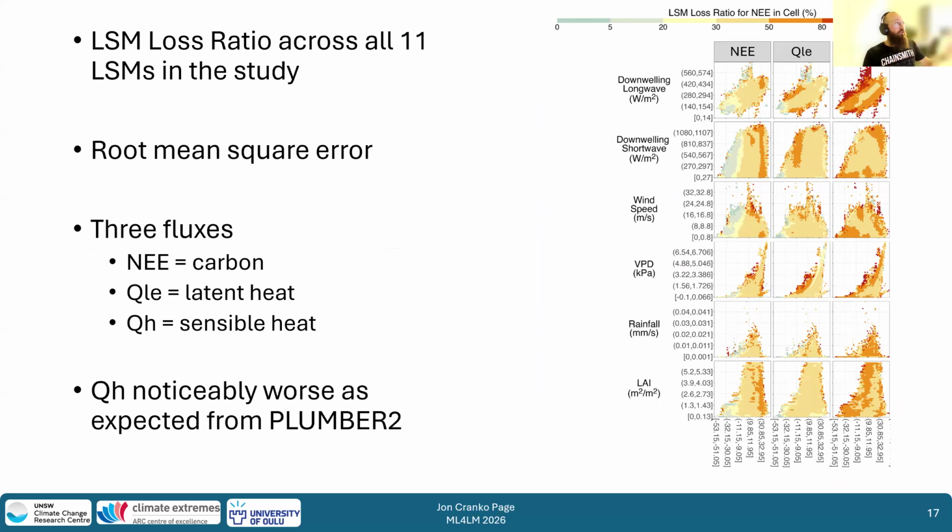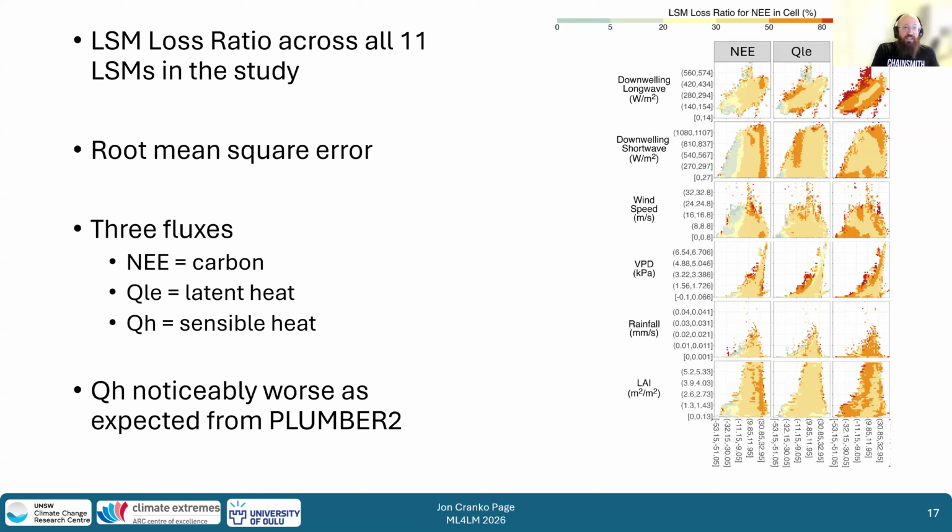So we looked at this and we had 11 LSMs in our study. So PLUMBER2 had 20 land models, but we limited this down to the ones that can really be considered land surface models. And then we can look at how these models perform collectively by taking the root mean square error of the loss ratio. So here on the right we have the fingerprints aggregated across all the land surface models.